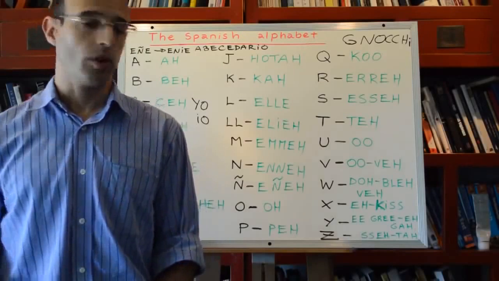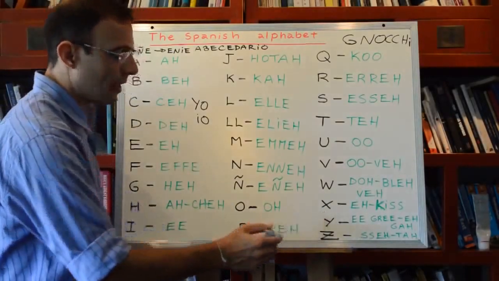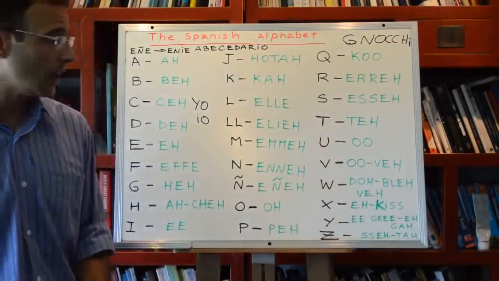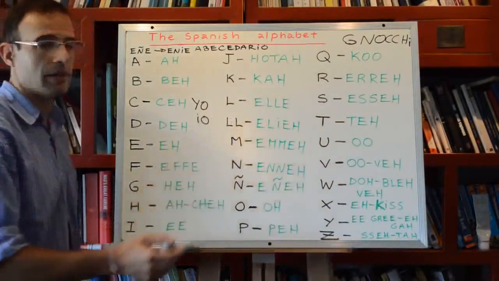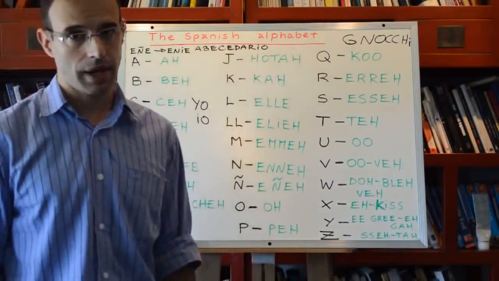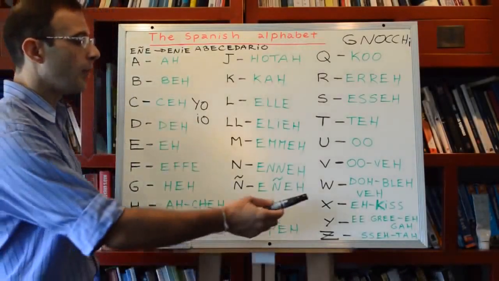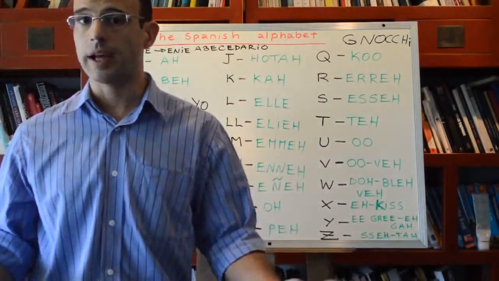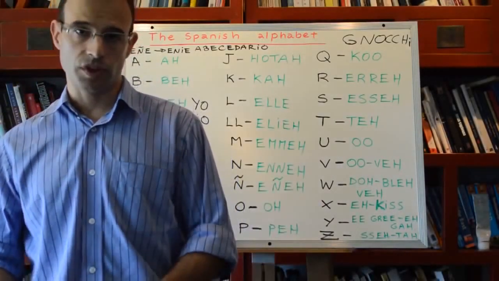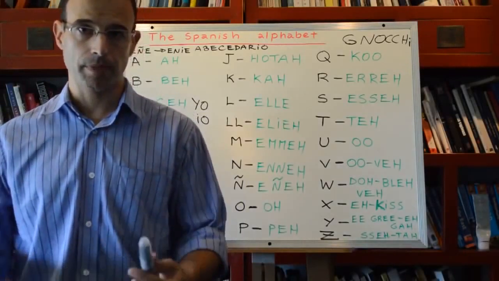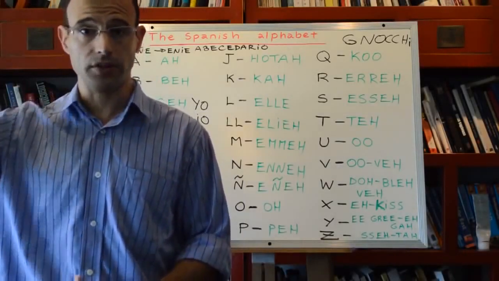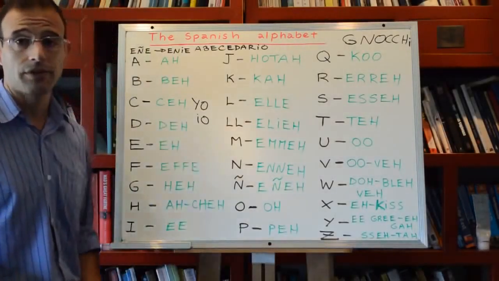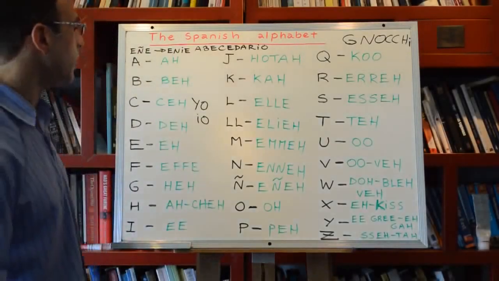When the Y is followed in the same word by a vowel, it is pronounced like double L. However, when it's at the end of the word, or standing alone, like the word "and", which in Spanish is the word Y, just one letter, there it's pronounced like an I. It's pronounced E. Good.